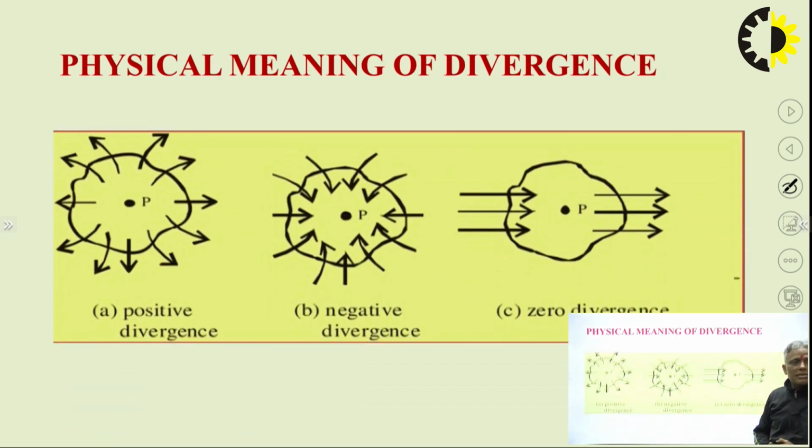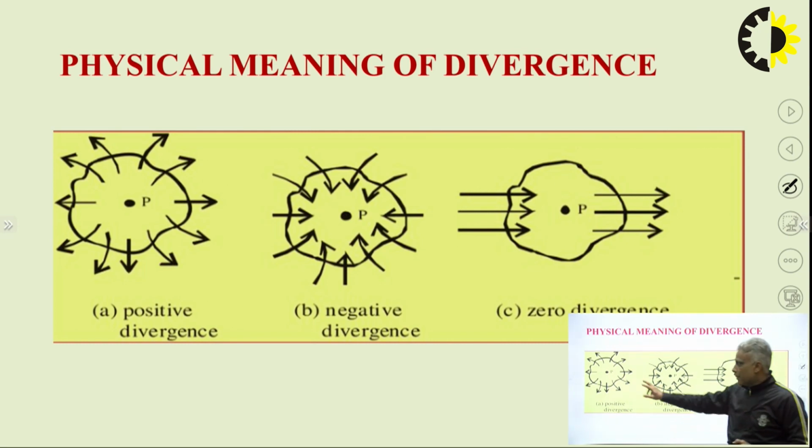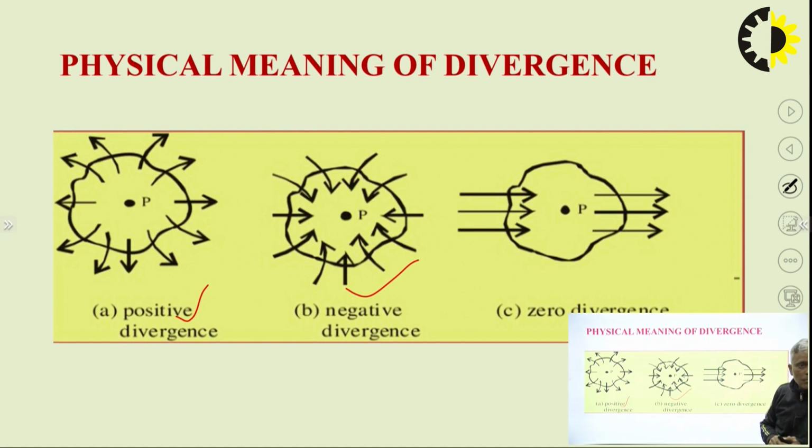Physical meaning of the divergence. Suppose a point spreads something out, that means positive divergence, right? Suppose something is entering at a point, this is called negative divergence at the point. Now for 0: suppose something is entering there and something is leaving there, that is known as zero divergence.